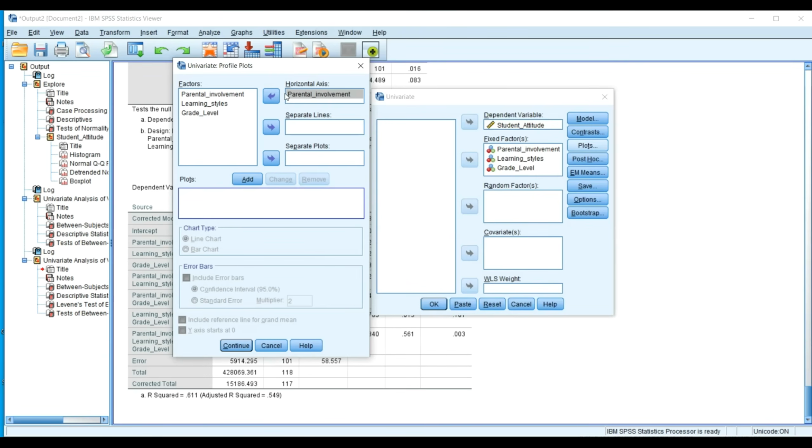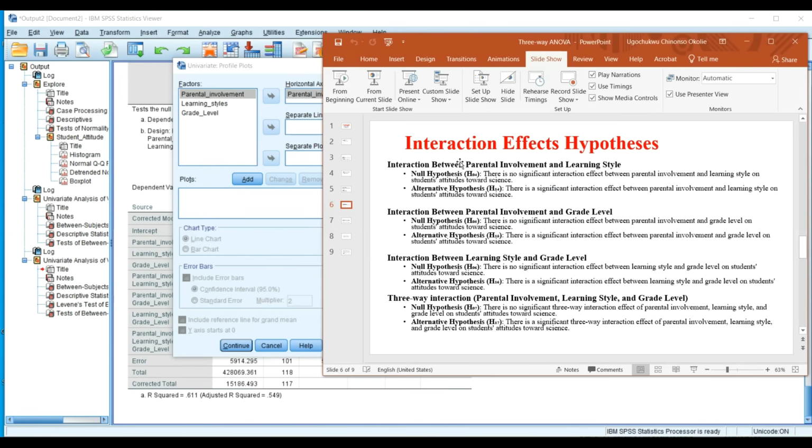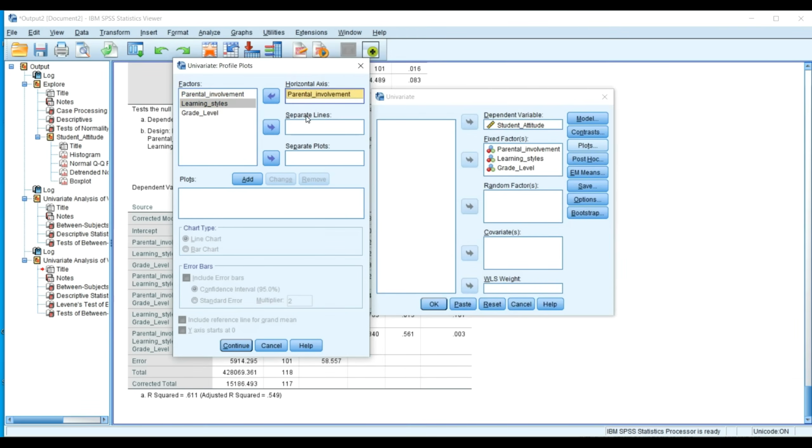You can insert any of the variables in any of these boxes. That's not a problem. For example, the first is parental involvement and learning style. So this is parental involvement on the horizontal axis, learning style in the separate lines. Then you can also have it this way, I can decide to have this one here and this one here. Whatever works, they will produce the same result for you.